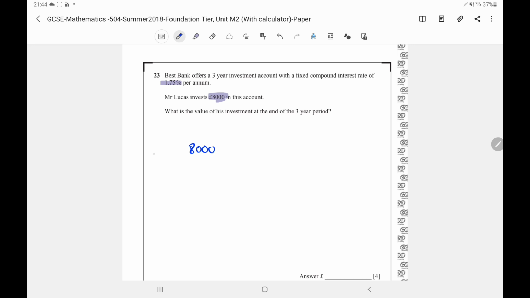Now what I'm going to do with that is take 100% and add on 1.75%. That gives me 101.75%. Now I'm going to multiply by 101.75%. But because it's for 3 years, I'm going to do that 3 times.